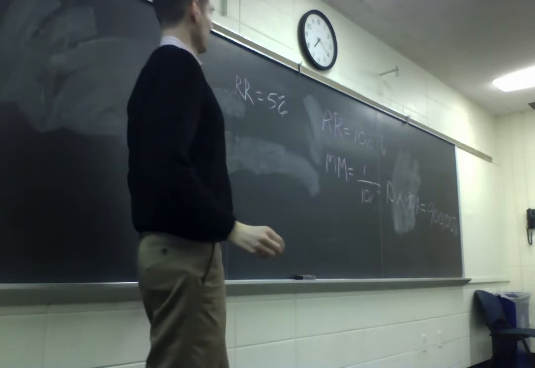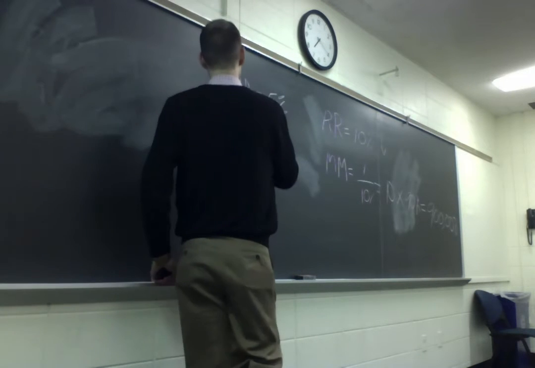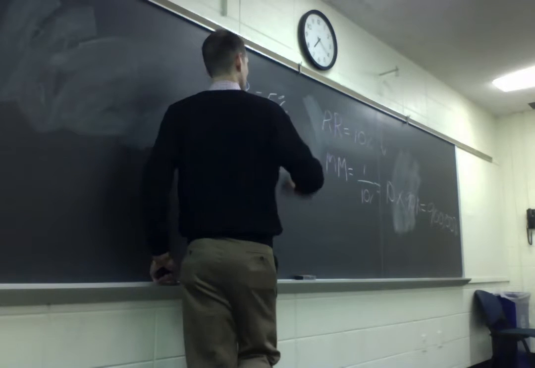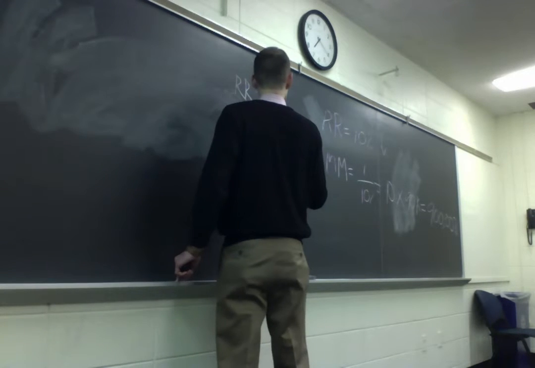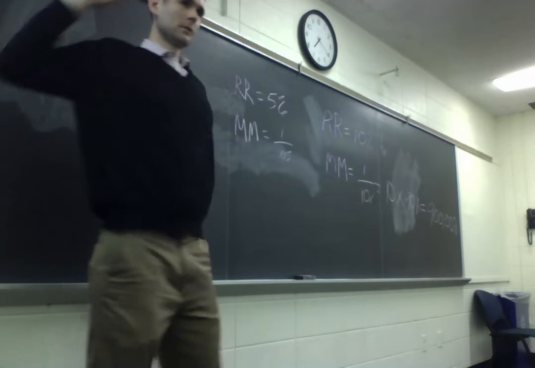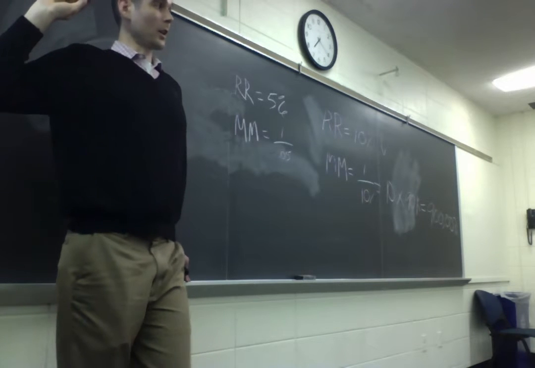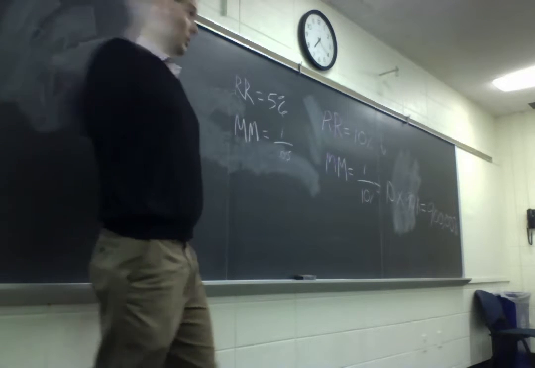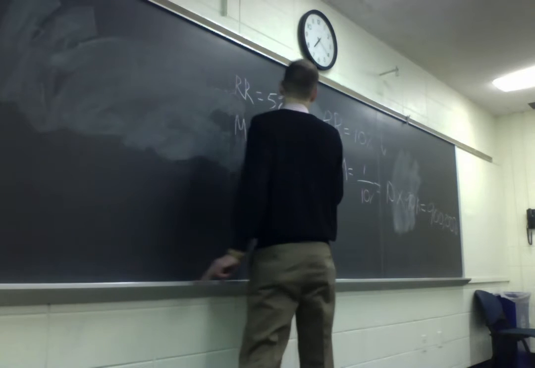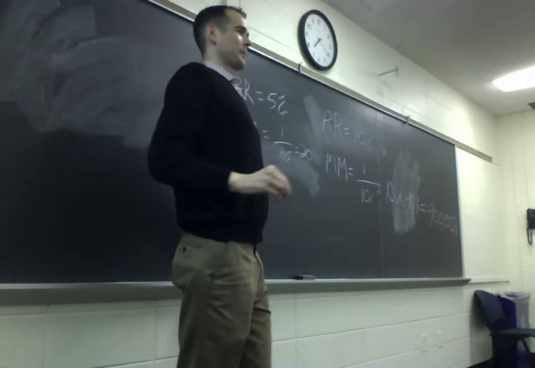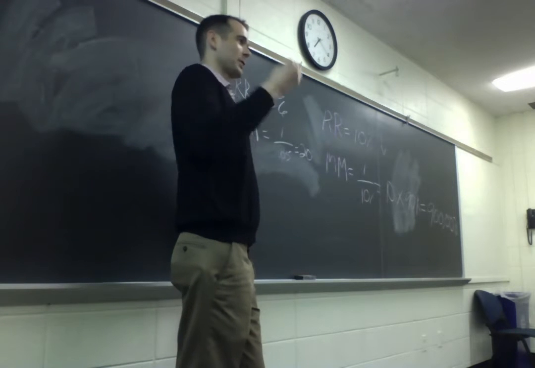All right, what is our money multiplier now? 1 divided by 0.05. No, close. 20, absolutely. All right, 20. Now we're talking. Would you rather have a money multiplier of 20 or 10?